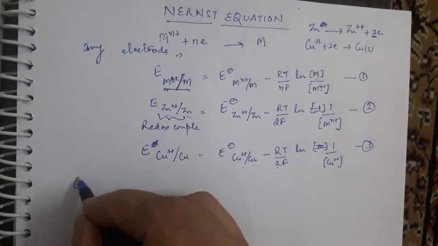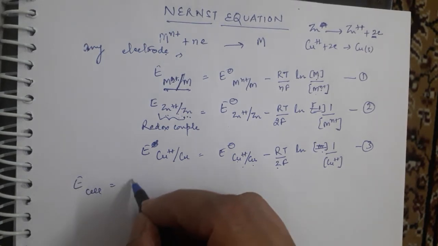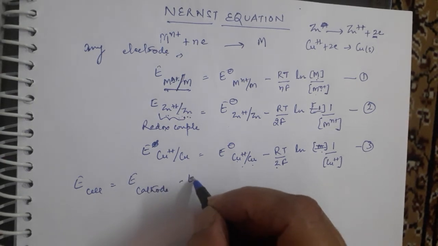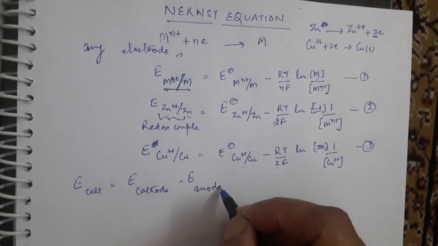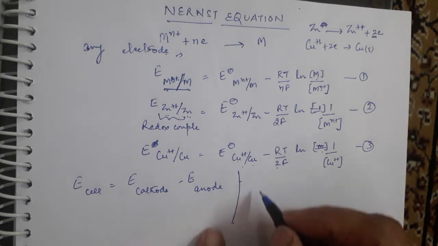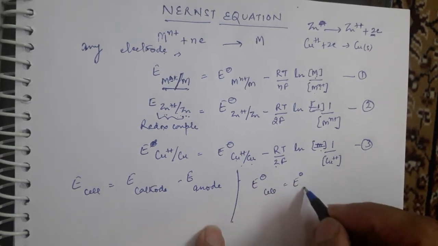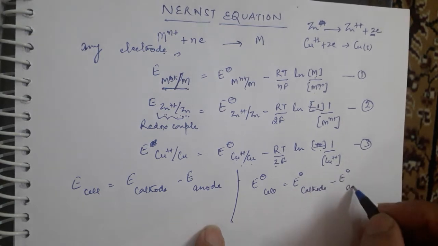Now we know what E cell is. E cell is E cathode minus E anode. Also we can write that E naught cell will be E naught cathode minus E naught anode.